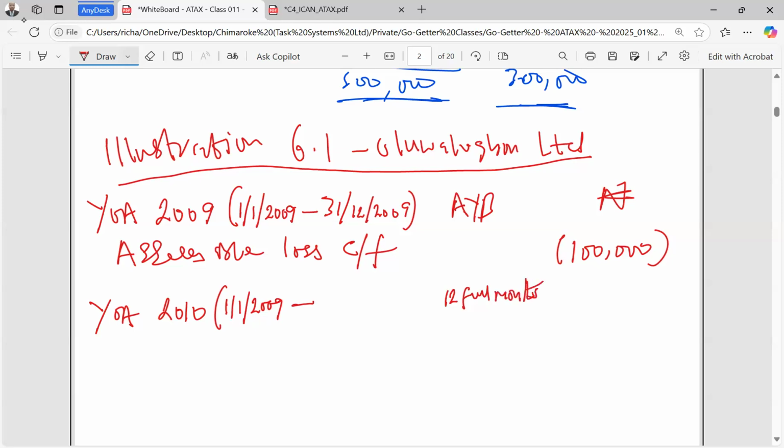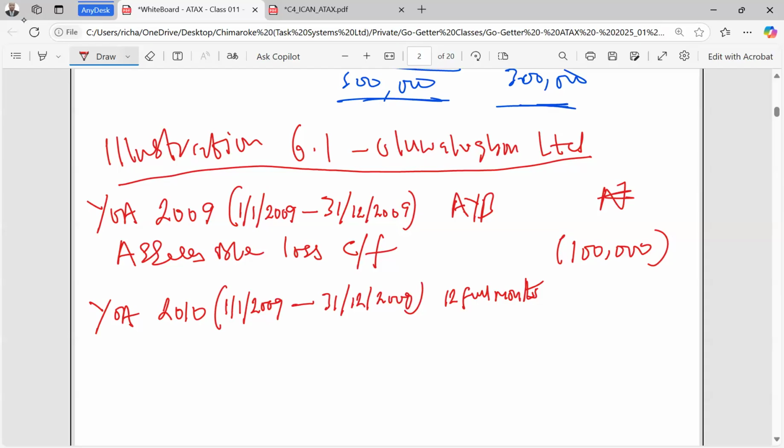That's the law. And so when we count 12 full months from January 1, 2009, it will give us 31st December again, 2009. Can you see that this is an overlap, the exact overlap?